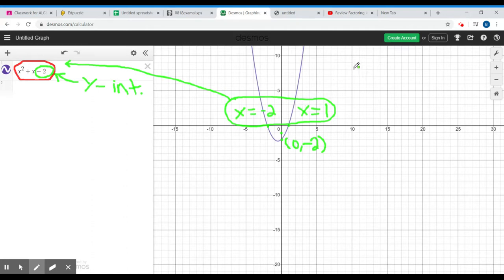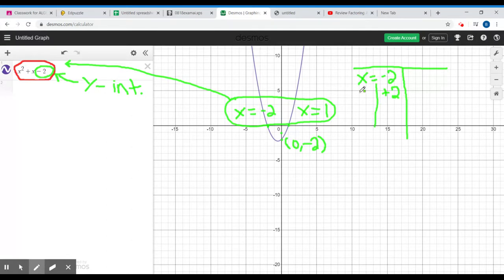Remember with that t-chart, we say x is equal to -2. Now let me bring the 2 right next to the x. I'm just going to reverse what we had done before.